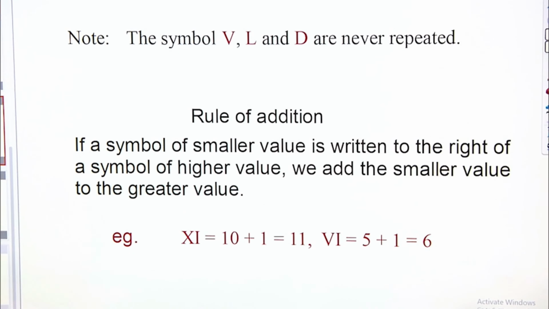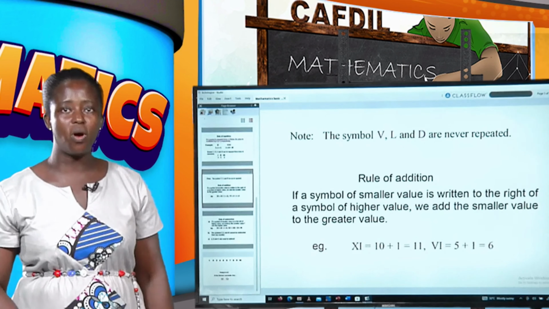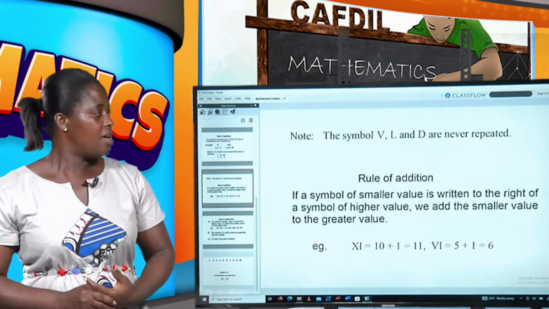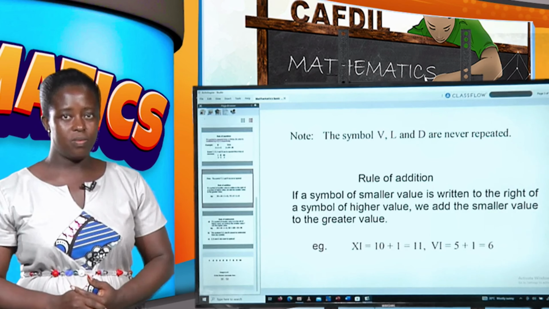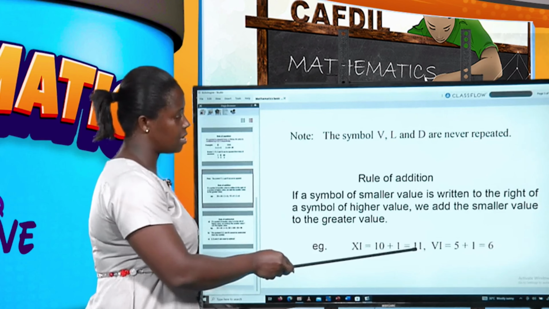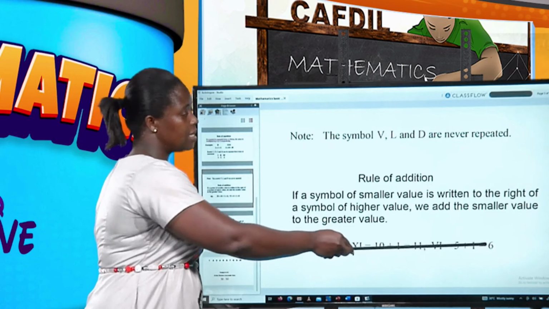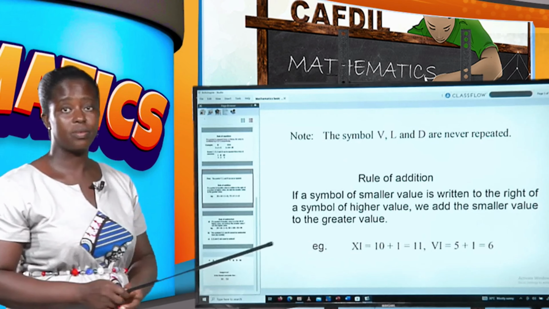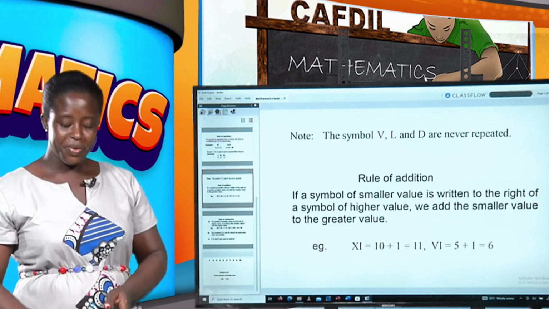So learners, VI is equal to 6 in Hindu Arabic numerals. The 11 is in Hindu Arabic, the 6 is in Hindu Arabic, and these are in Roman numerals. All right.